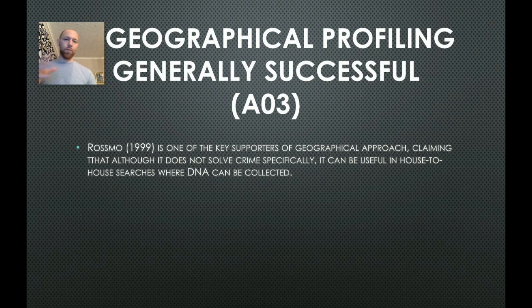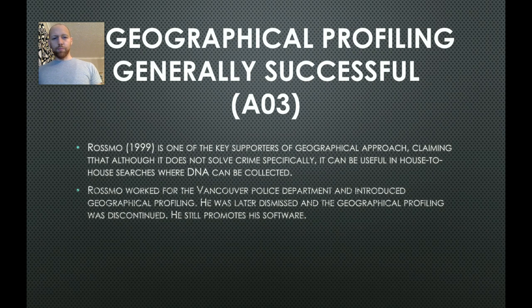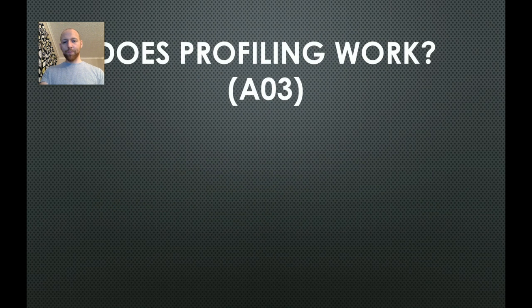In the Yorkshire Ripper case, again, there were 260,000 suspects. Rossmo worked for the Vancouver Police Department for a while and introduced them to geographical profiling, but was later dismissed, and geographical profiling has been discontinued. He still promotes his software, obviously, but the police forces aren't buying anymore.